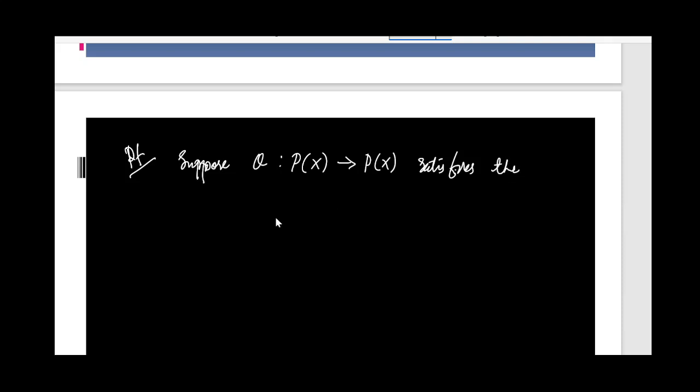Proof. Suppose theta from P of X to P of X satisfies the above four conditions.